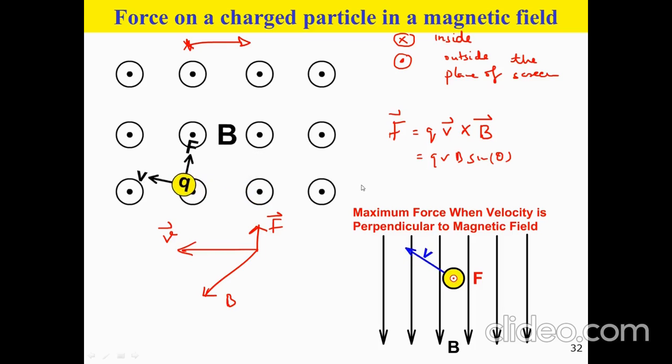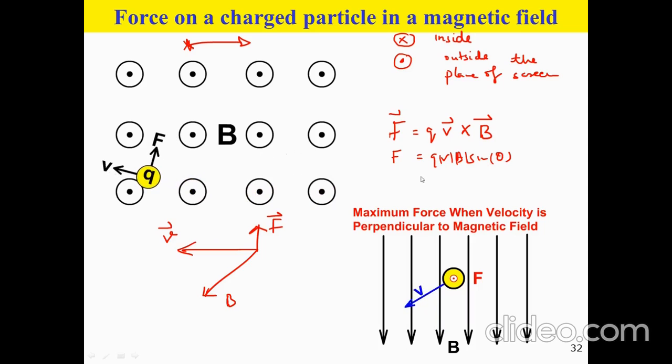Okay, so now you have a charged particle that is going along this direction, represented by the velocity v, and there is a magnetic field that is perpendicular to it. So then the force acting on this particle will be the cross product of qv, which is a vector, cross B. Okay, so the resultant value mathematically will be q times the magnitude of v times the magnitude of B times sine of theta.